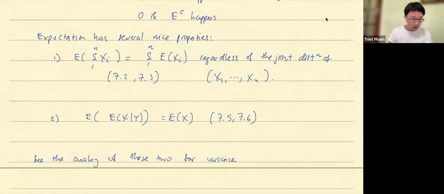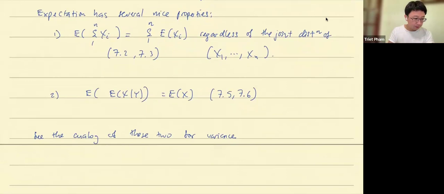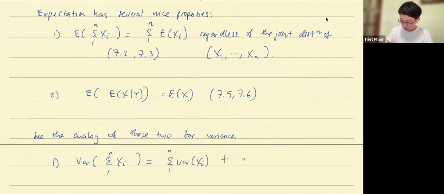But with variance, I don't think the textbook covers conditional variance. But the first thing definitely we'll need to look at is the variance of the sum, which is the sum of the variance plus the covariance. So that's the first thing.